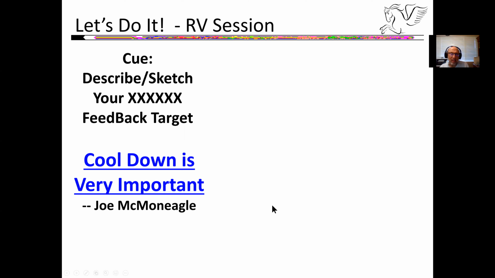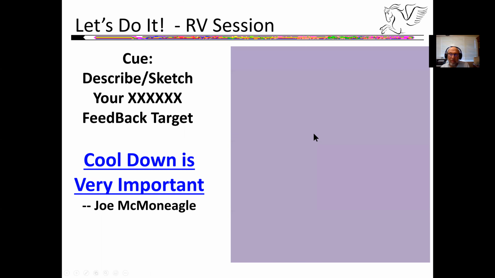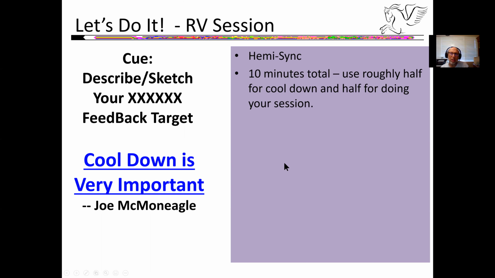So let go of the day-to-day stuff. Just get really quiet. I recommend breathing in, breathing out, and with each in-breath and out-breath, you feel yourself going deeper and deeper. I'm going to play in the background some Hemi-Sync music, which does help the cool down.